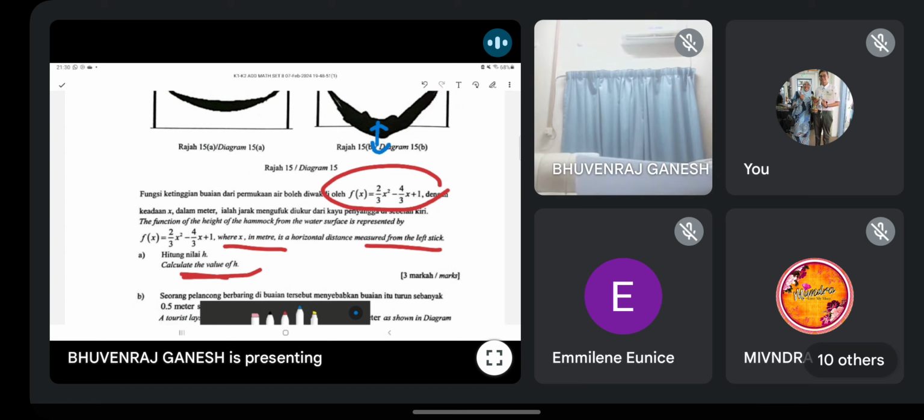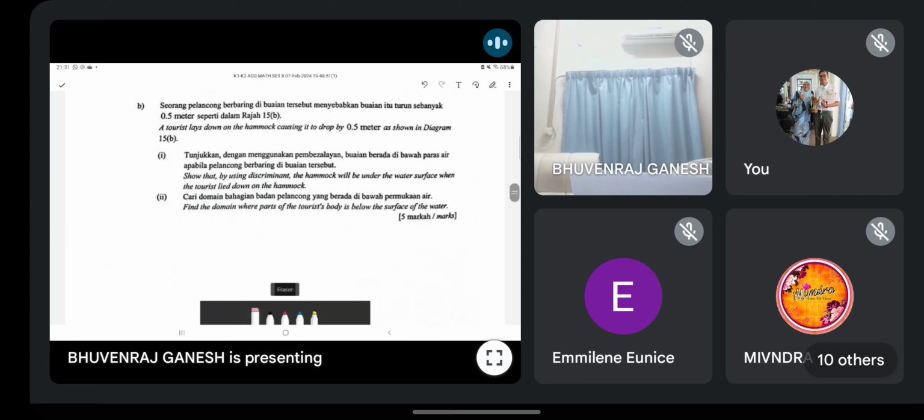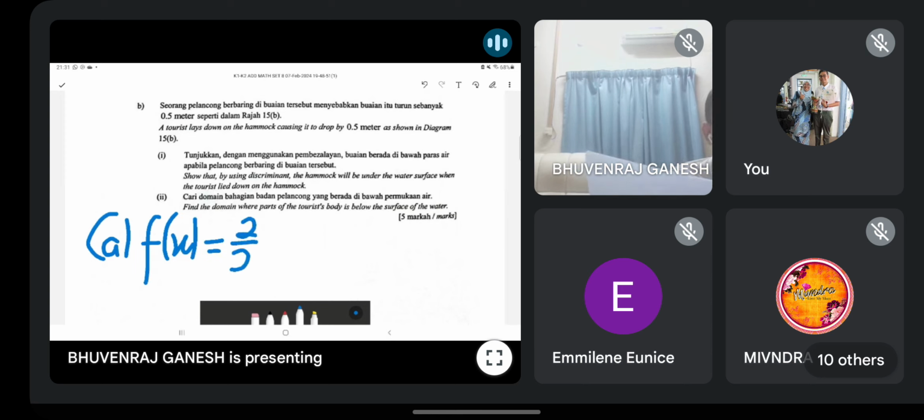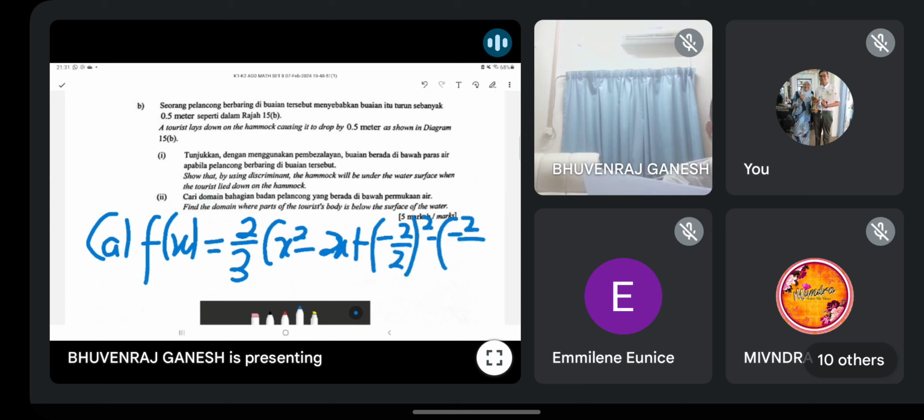Okay, so now, first of all, kamu kena buat kaedah penyempurnaan kuasa 2. You must do completing the square method. Okay, f(x) equal to 2/3. Make sure coefficient of x square is 1 first. Kamu kena pastikan perkali dia 1. Then you do completing the square. Okay, you all should know this lah guys. Completing the square dah basic. Okay, this one all basic.